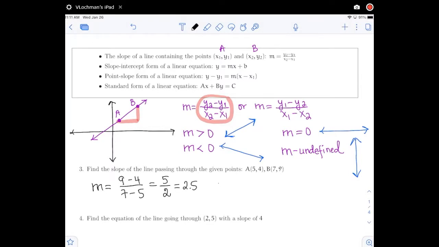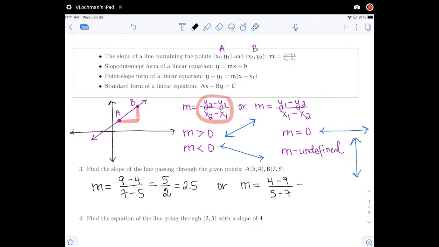Or we could also compute it by subtracting the coordinates of B from the coordinates of A. So that would be 4 minus 9, and then 5 minus 7.